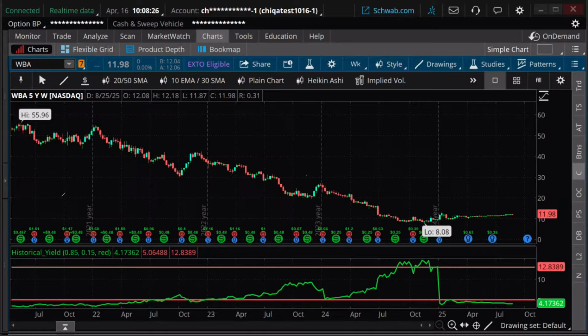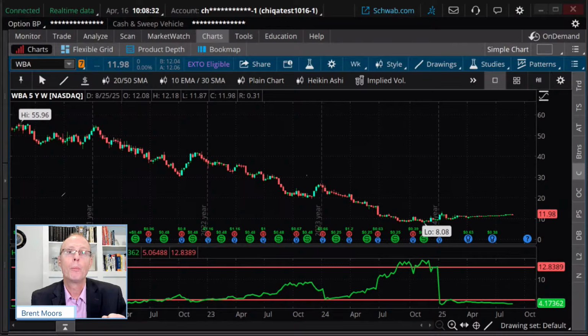Because if there wasn't more risk with that company and it was paying a super high yield, people are going to buy the stock, and the stock price is going to go up. And when the stock price goes up, the yield goes down. So if the stock price isn't being bought up and you have that high yield, people consider that to be a more risky type of investment.